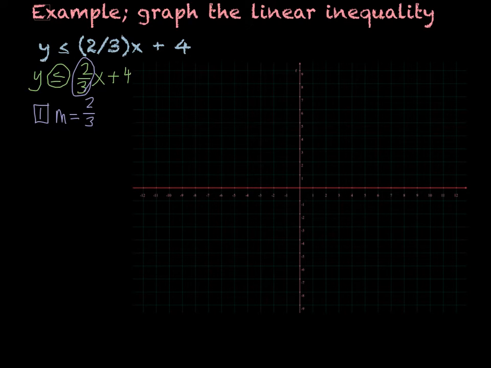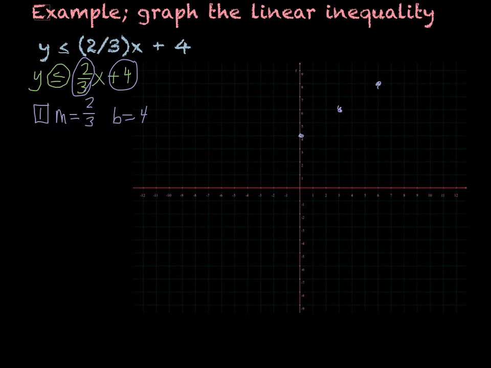And then the second thing I want to do there is find my b. So that would be the other thing, which is 4. So then I can graph that. Cross at 4. And then I go up 2, over 3. Up 2, over 3.